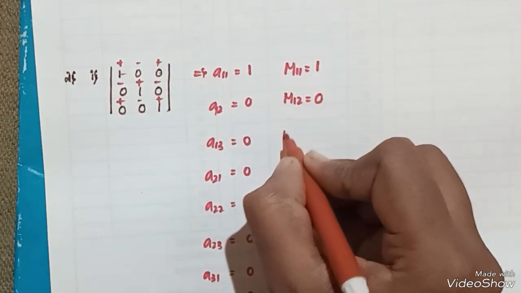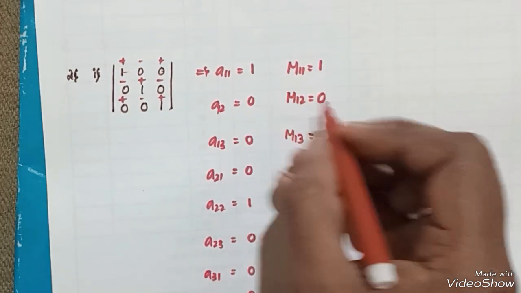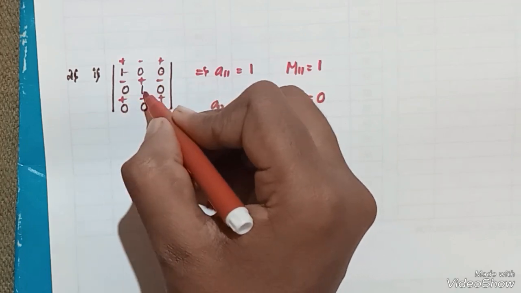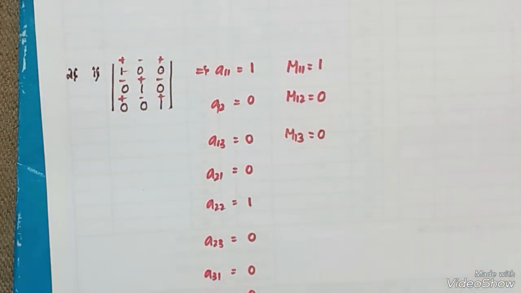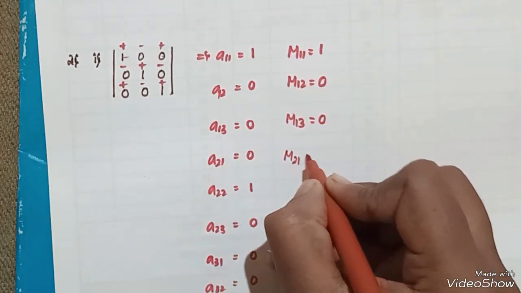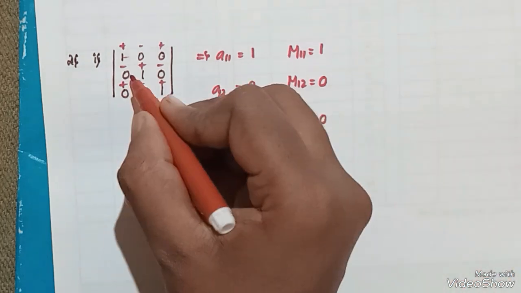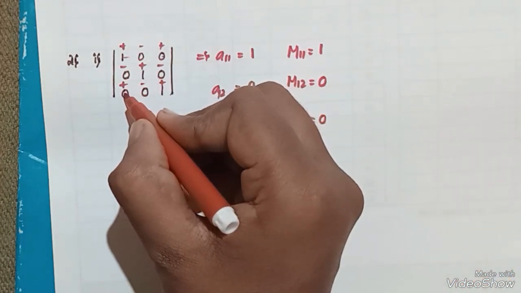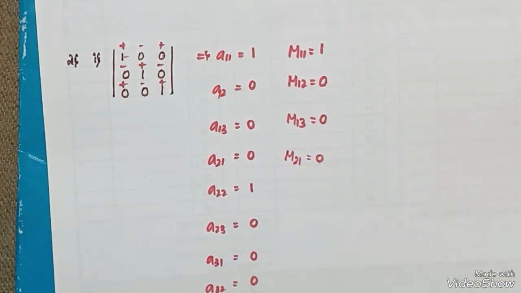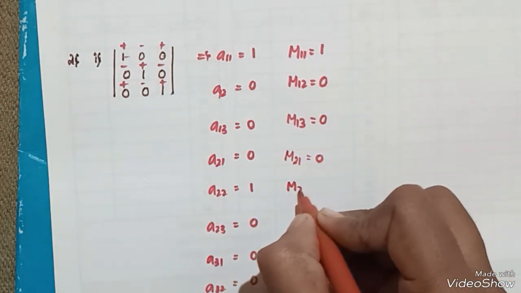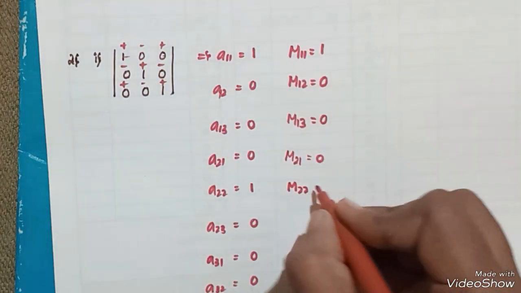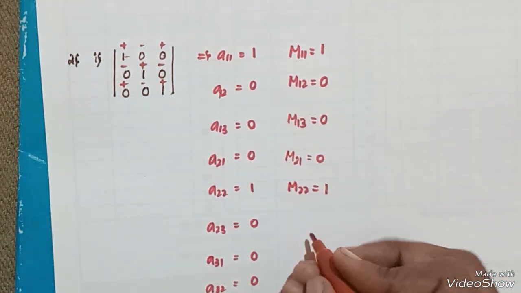Then M13, the element is 0: 0 into 0 minus 0 into 1 becomes 0. For the element 0 in the second row, neglecting its row and column, 0 into 0 minus 0 into 1 is 0. M22, neglecting row and column, 1 into 1 becomes 1.